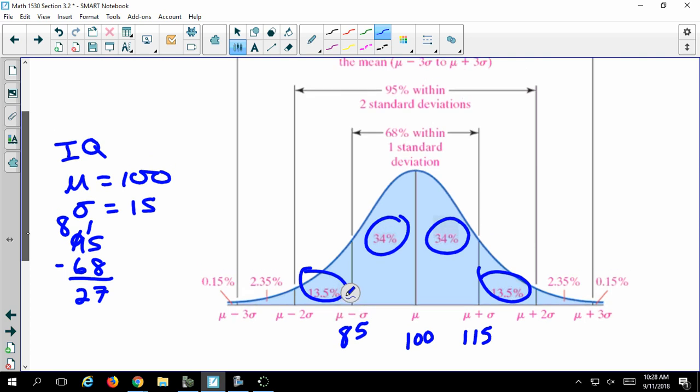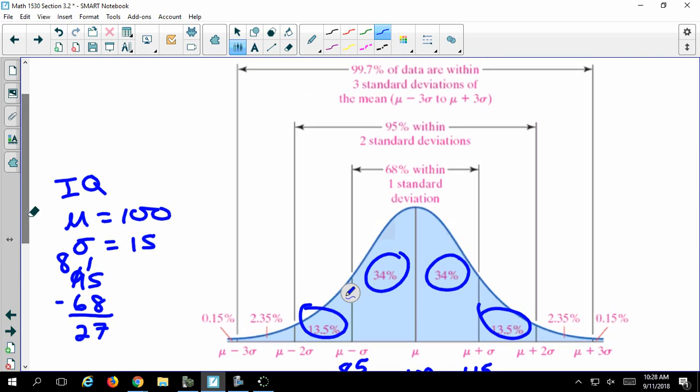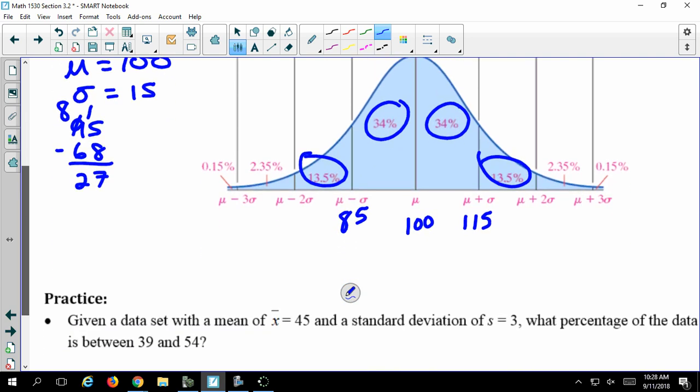And then if you go out to 3 standard deviations, the rule is 99.7% of your data will be within 3 standard deviations of the mean, which is almost all. It's not all, though. So 2 standard deviations would be 130 and 70.